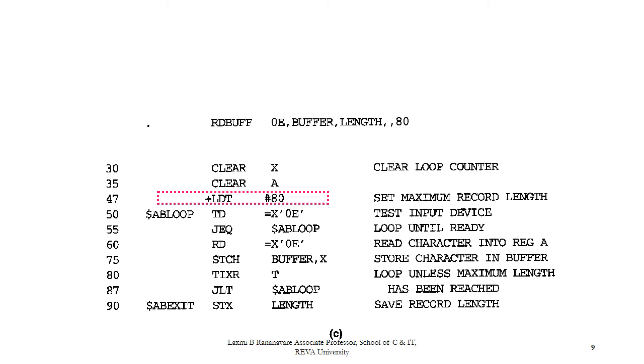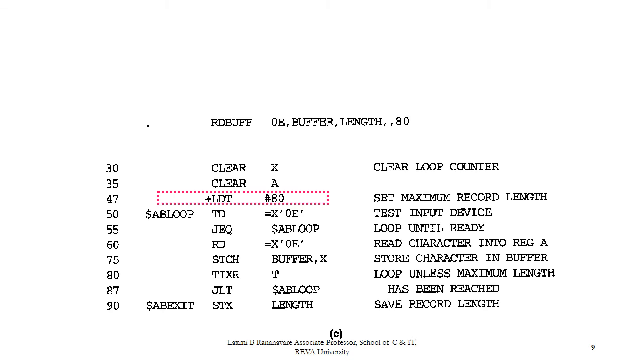then clear A, you are going to clear the accumulator, then we are going to load this max length into the T register, and then test device, that is we are going to poll the input device, and if it is equal, then we are going to go back to the previous statement, that is TD. Again you are going to test the device.